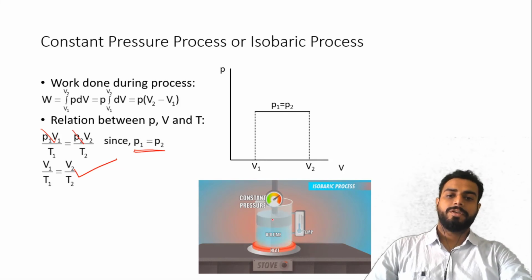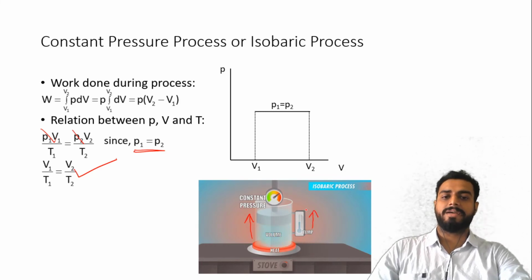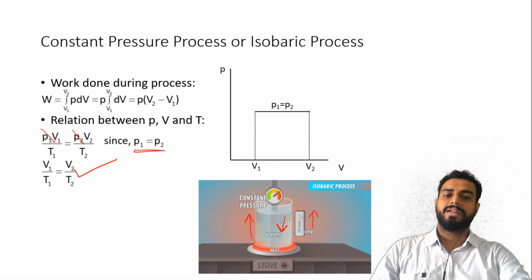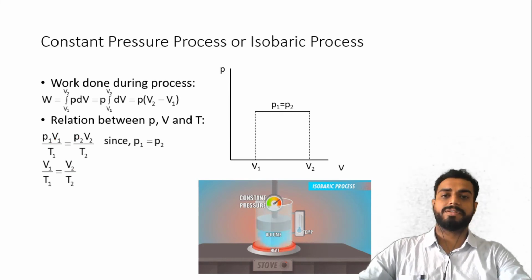You can appreciate from here also, right students? If the volume is increasing, then the temperature indicator is also showing an increase in temperature. If the volume is decreasing, then the temperature indicator shows a decrease in temperature. So the volume is proportional to temperature during the constant pressure process.